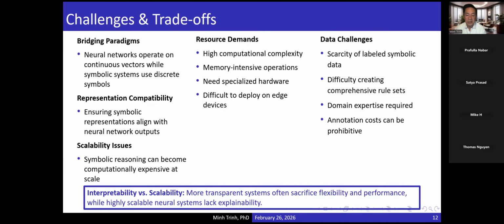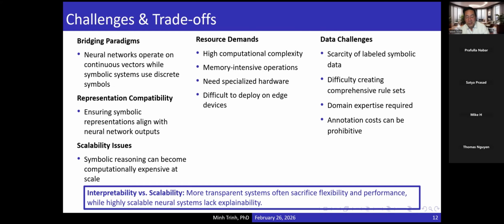Challenges and trade-offs. I talked about this before, but the symbolic system, the traditional one, can become a bit complex, right? Historically, a symbolic system is only maybe 10,000 lines of code, maybe a bit more, but it doesn't use data.